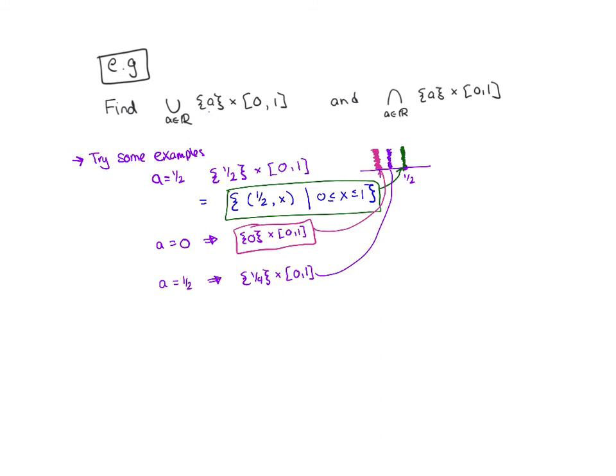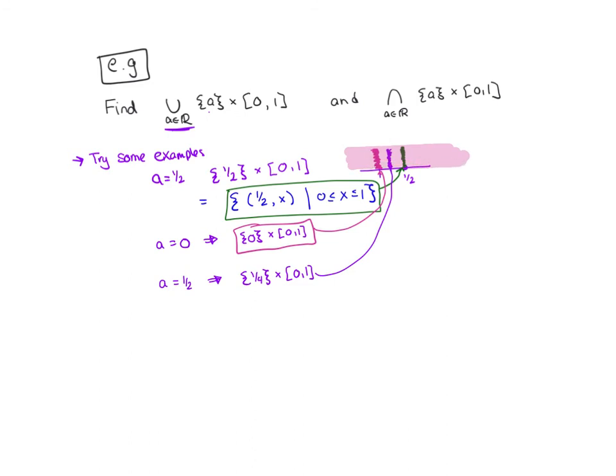All right, so we're going to get all of these different lines above these different A values, but my A is allowed to be anything in R. So if I think about that whole union, then I should end up getting anything between 0 and 1 here.